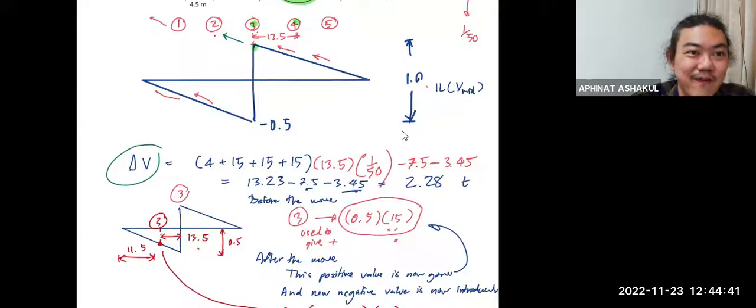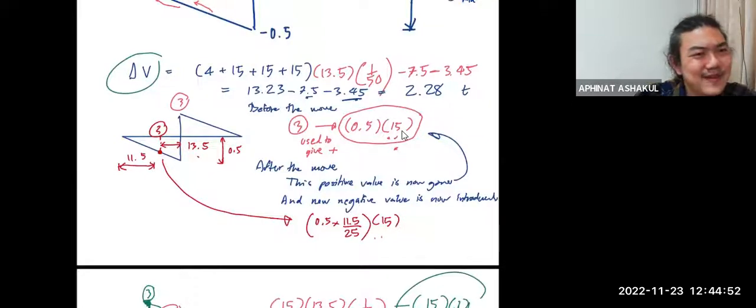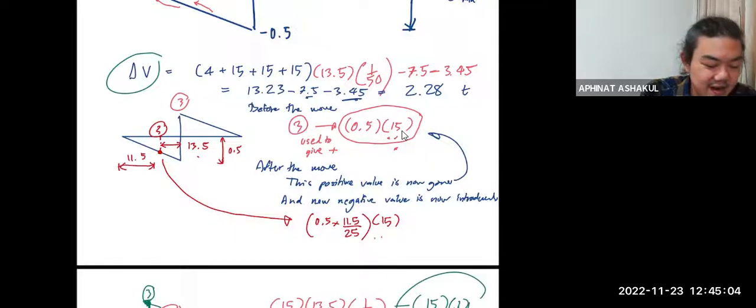The car used to be fine, but now somebody broke your windshield, and you have to pay something to fix it. You used to have something, then you lose it, and then there's a new damage. The new damage is because load number 3 now moves in the negative zone.